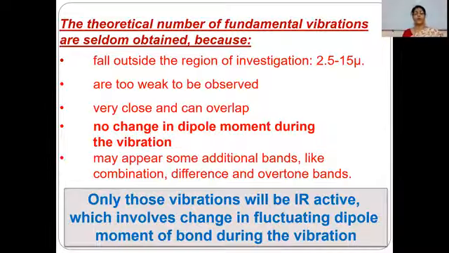Main thing, only those vibrations will be IR active which involve change in fluctuating dipole moment of the bond during the vibration. To generate the dipole moment, the polarity of the atoms must be different.